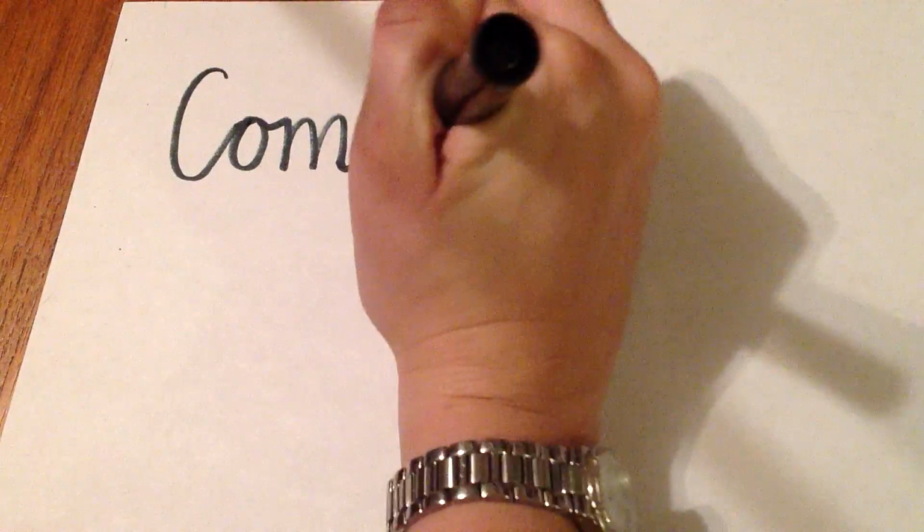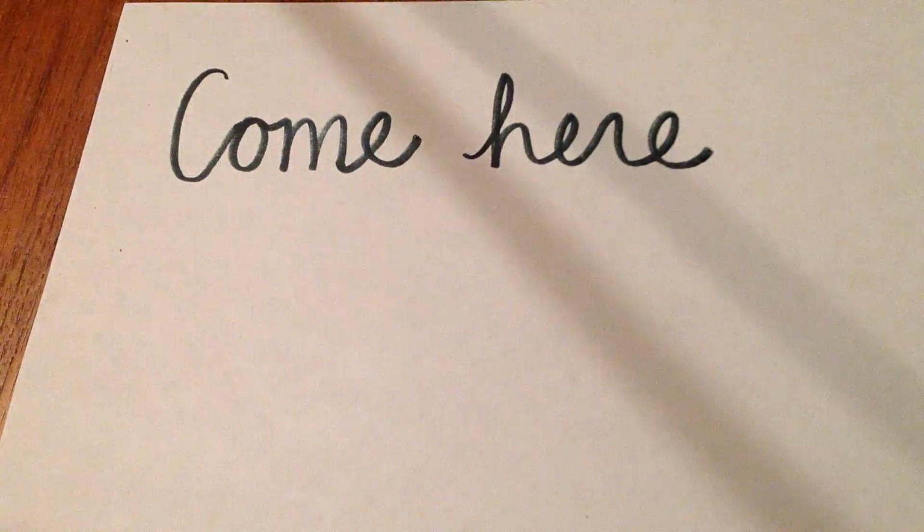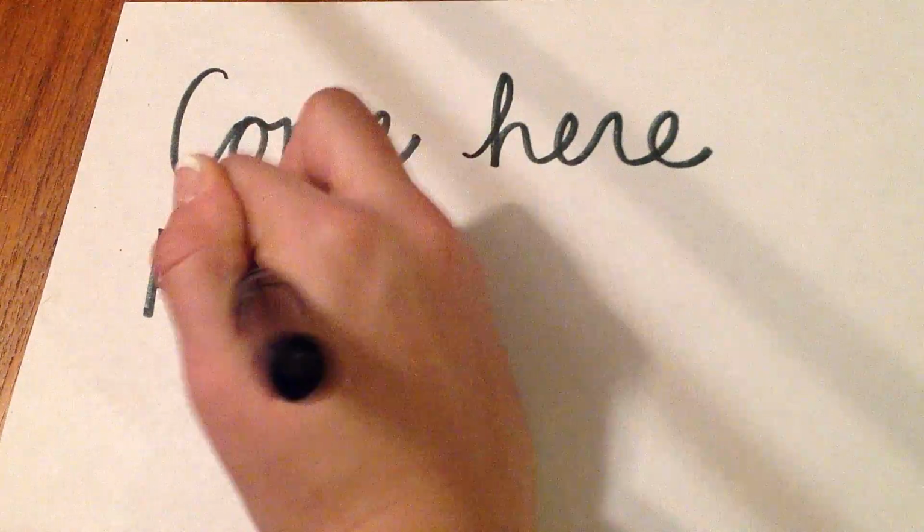Now we're still talking about Little Kitty, but I'm talking to Little Kitty and I'm saying, come here, Kitty. I'm not calling her by her name, just come here, Kitty. So, come here, Kitty. And it's not capital because that's not her name, not just Kitty.